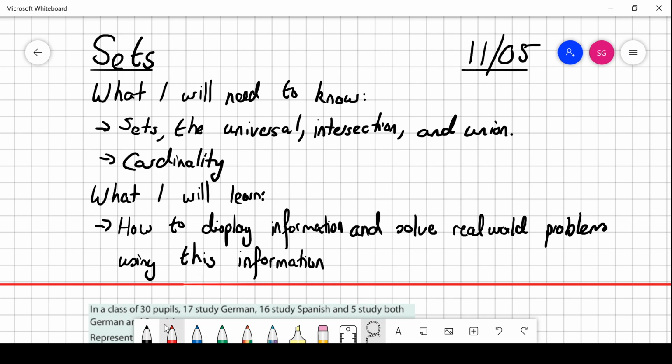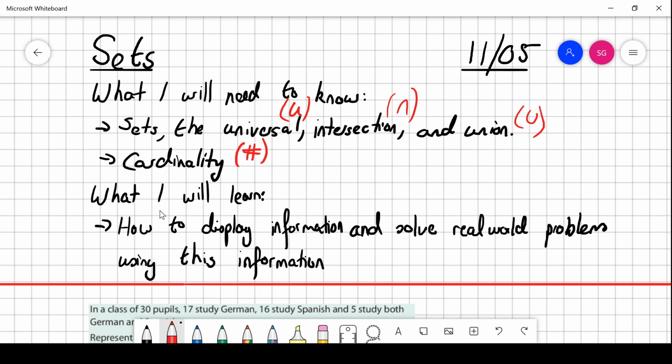Set intersection is your ∩ symbol, union is your ∪ symbol: what is in both of two sets, what is in either of two sets. Universal, that's your kind of U with a tail. That is the total amount of elements within the system. And cardinality, that's your little hashtag symbol representing the number of elements within a set.